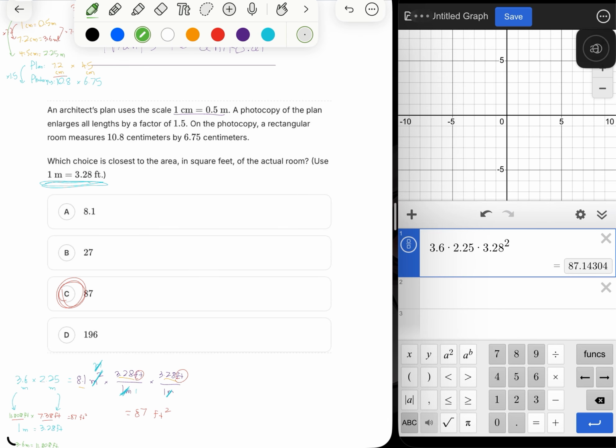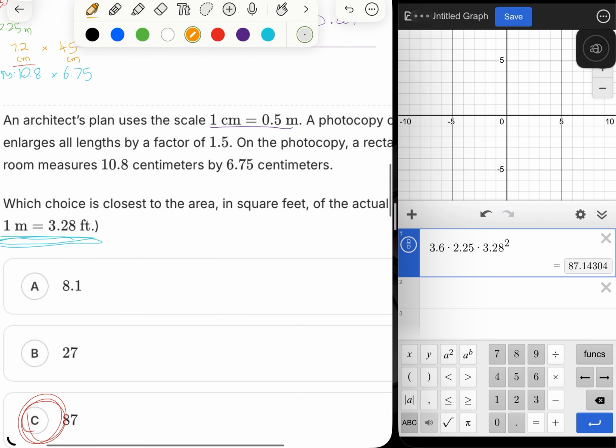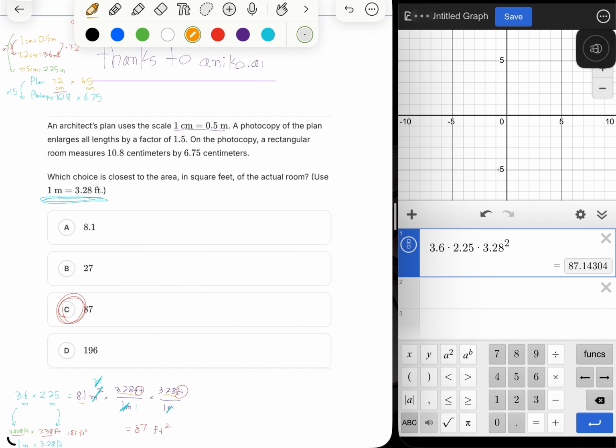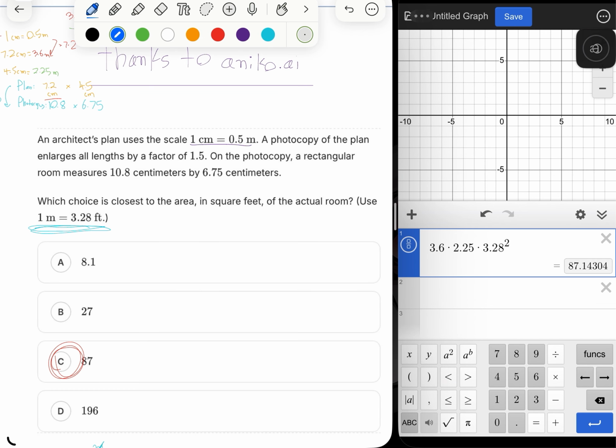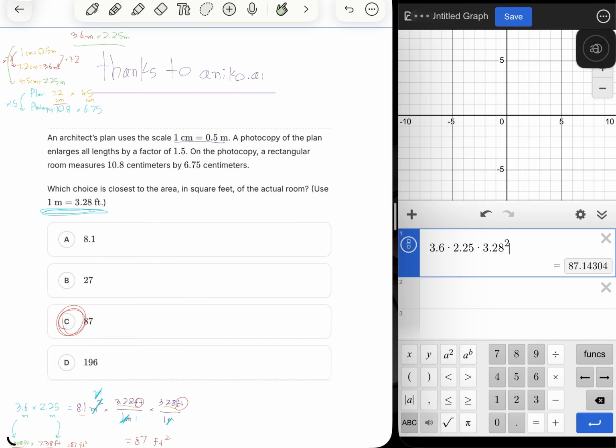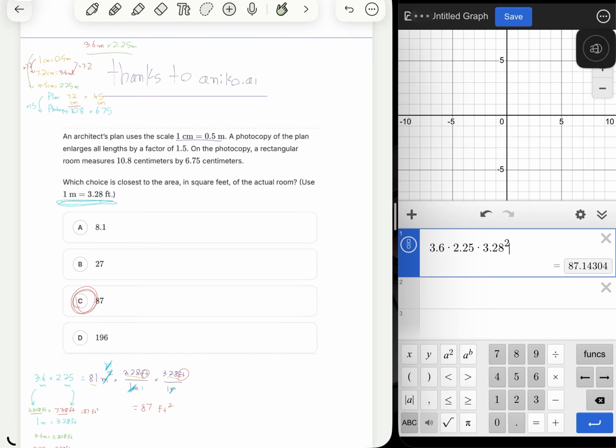And I can guarantee you every single time you do that, you will get your right answer, as long as you follow the steps backwards properly, in the right order. For example, you don't want to right away convert these dimensions of the photocopy to meters, because you have to first account for that enlargement factor of 1.5. So once again, working backwards in the proper order will 100% give you the answer that you need.